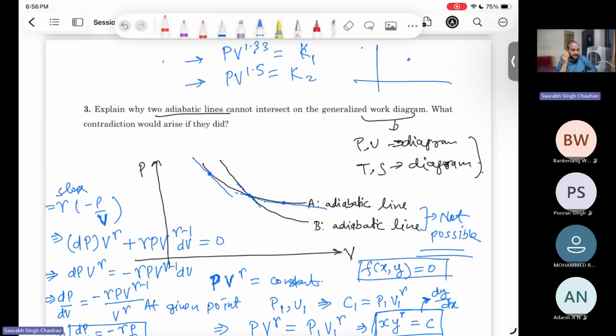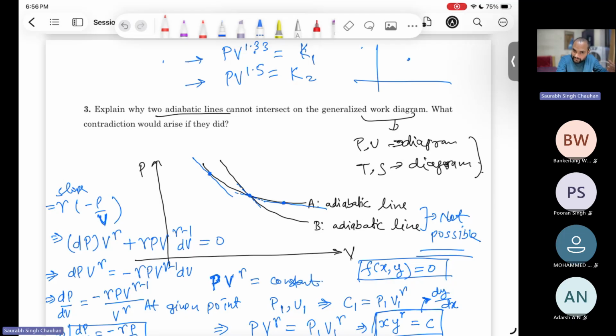There are two things. I will repeat again. If two curves intersect each other at a given point, then at that point both of those curves will have different slopes. But a given process, for example an adiabatic process, will have a single slope value at a given point.